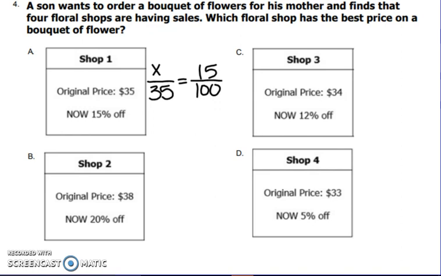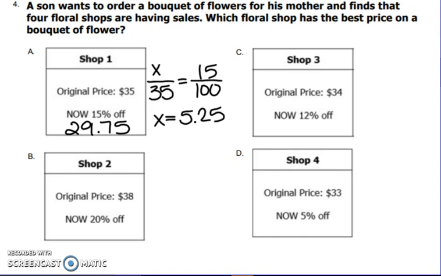When I multiply and divide, I get that x equals $5.25, meaning I am going to save $5.25 on this. So I take my original price, subtract my discount, and I get $29.75.